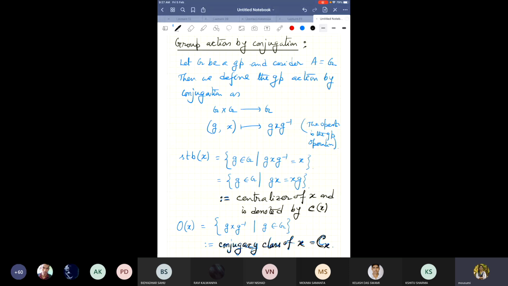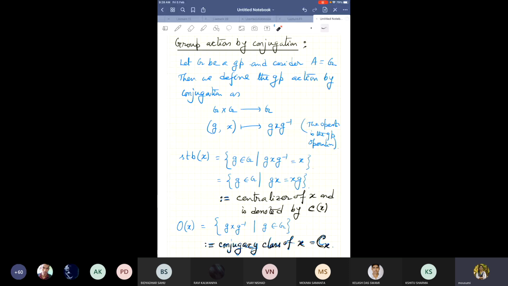Please remember these two terms. These are very useful. Now we will learn how to find the conjugacy class of a group. So for this particular type of group action, which is the conjugation, the stabilizer is known as the centralizer and the orbit is known as the conjugacy class, denoted by C suffix x.